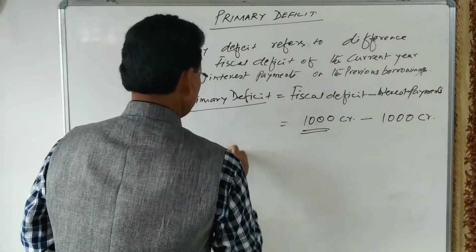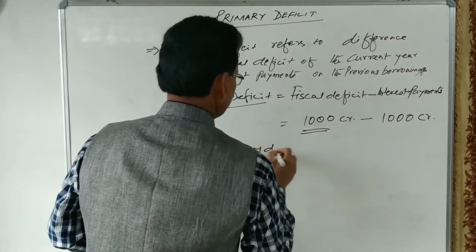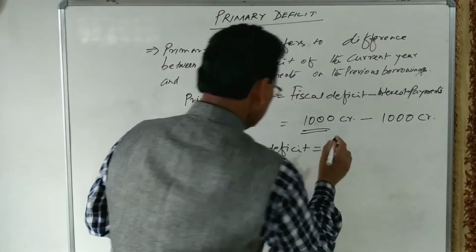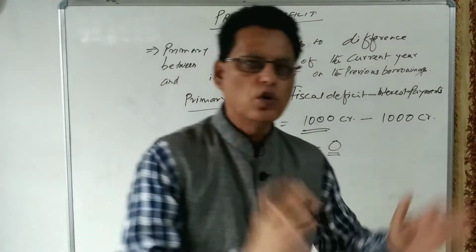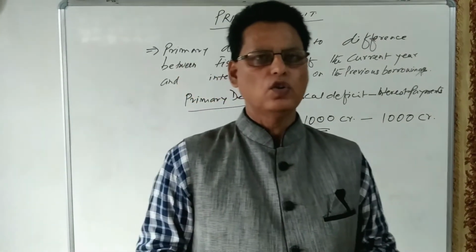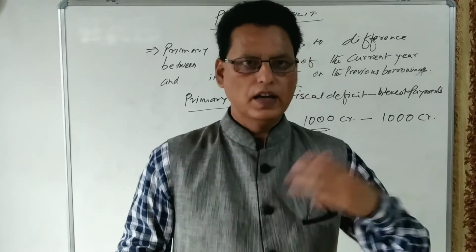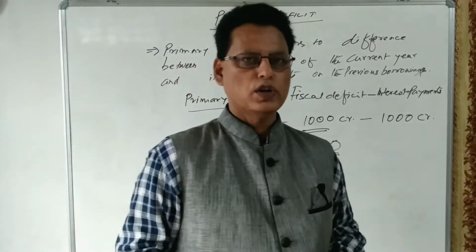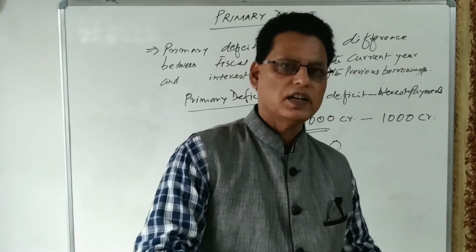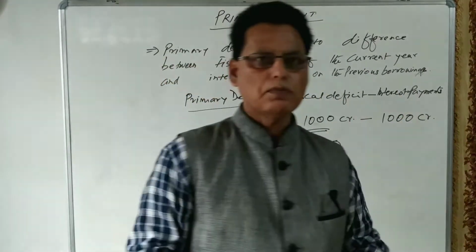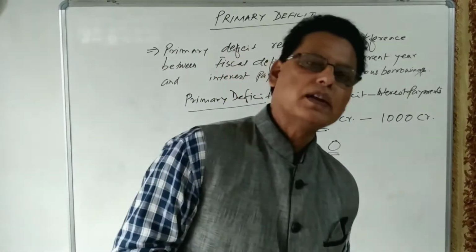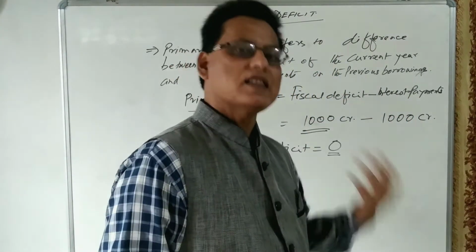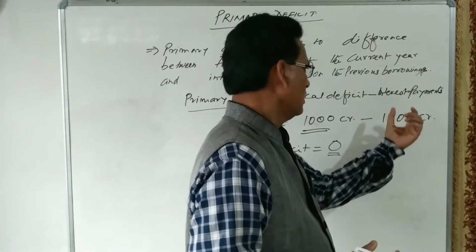The primary deficit is equal to 0. Zero primary deficit means no money is left with the government for developmental purposes. All the borrowings, made either internally or from foreign countries, go for the payment of the previous loans or the interest on the previous loans.